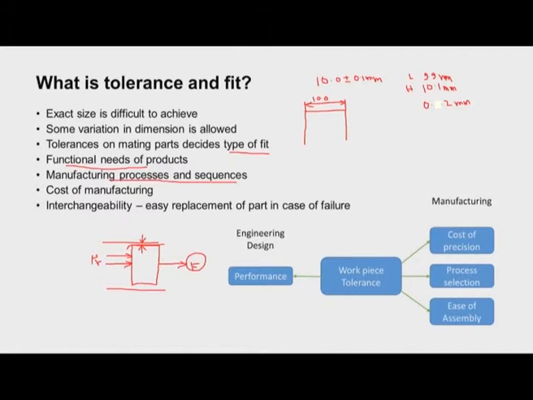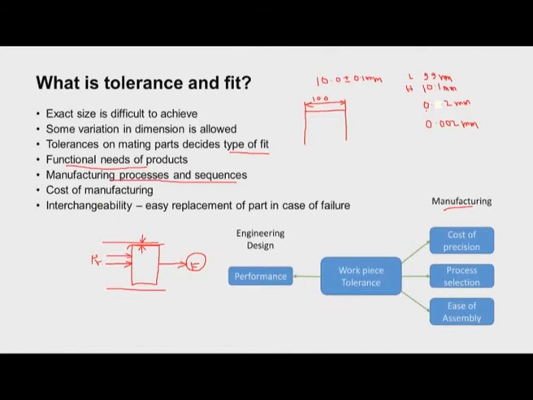If you can see this picture, this is the workpiece tolerance. It will have some effects on the manufacturing aspects. It will affect the cost of the precision. If the tolerance is very tight, for example, instead of 0.2 he specifies 0.002 millimeter, then the manufacturing section has to select very good or precise machine tools like grinding machine or lapping machine, thereby the cost of the product will increase.